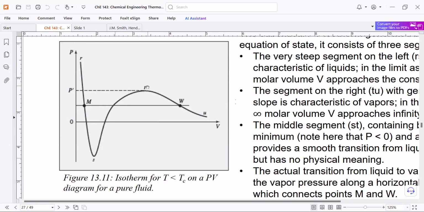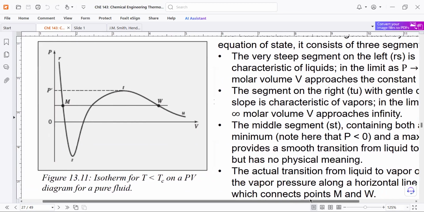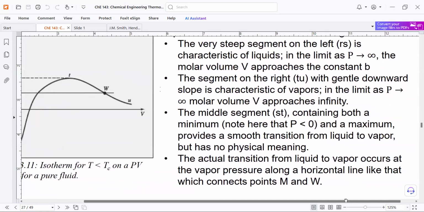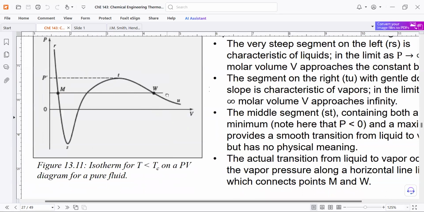What we know in reality is that this transition between liquid and vapor happens at a constant pressure. Right? It happens at a constant pressure, which is more like segment MW, that is the straight line. Okay? The actual transition from liquid to vapor occurs along a horizontal line which connects points M and W.